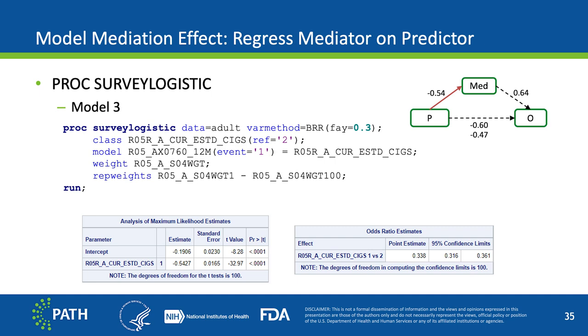This model shows that once we regress the mediator onto the predictor, we observed a significant effect or association between these two variables, which is minus 0.54. The three models together show that there is the mediation effect coming from dental visits to the relationship between smoking status and general oral health status. That is our evaluation of the effect of this mediation.